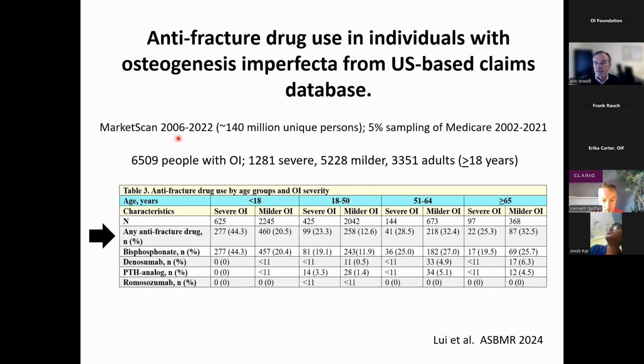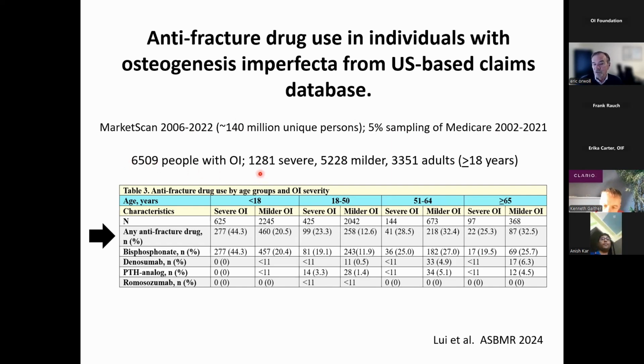We looked at those records for about a 15-year period, and we used a 5% sampling of Medicare to get older people and about 20 years worth of those data. Among those 150 million people were about 6,500 people with OI.